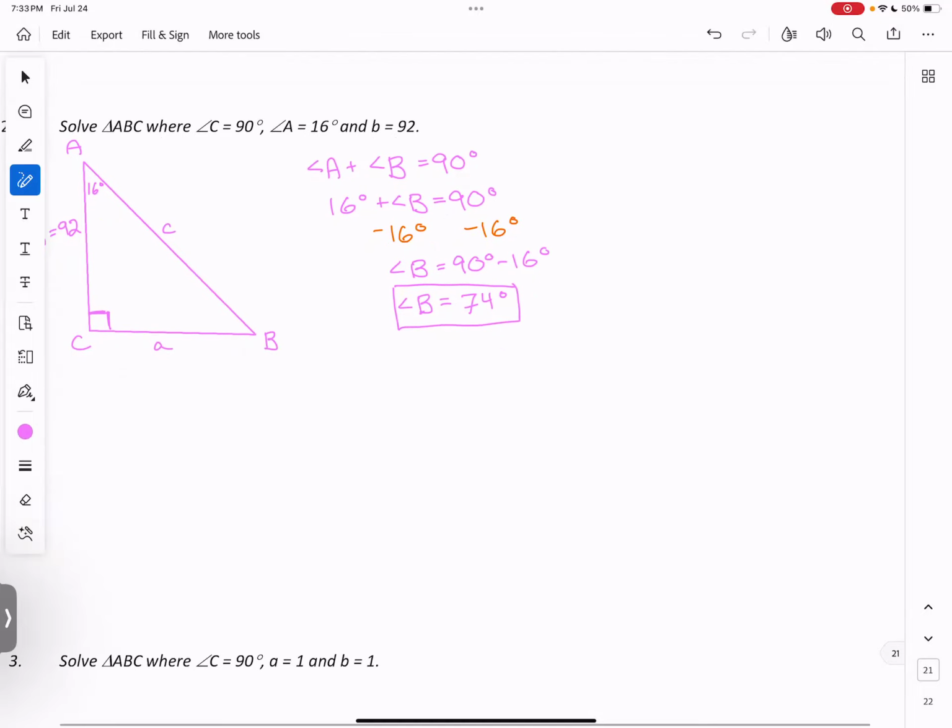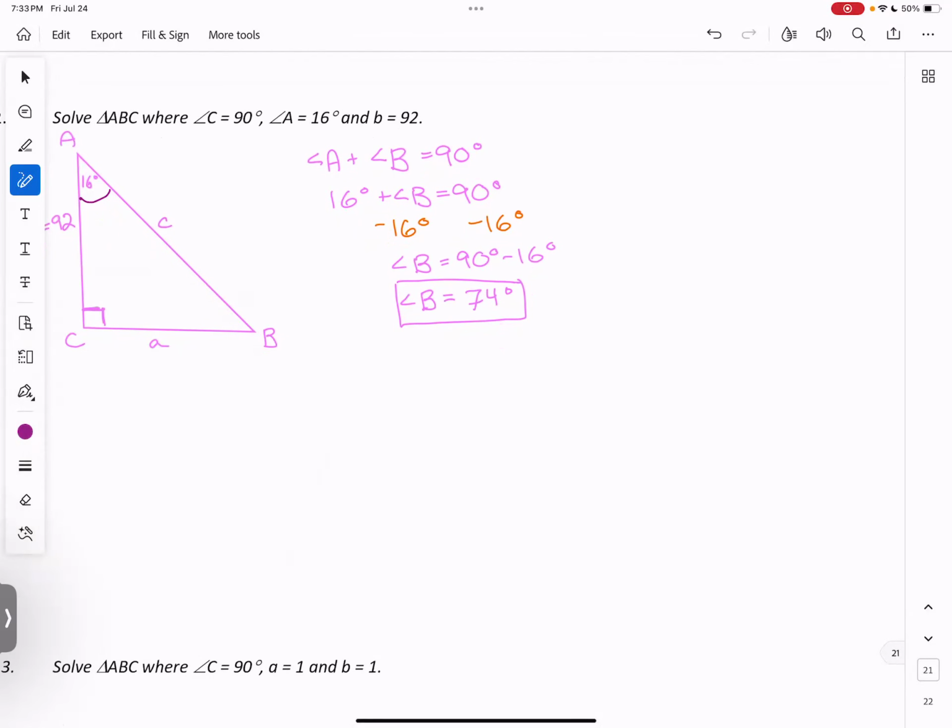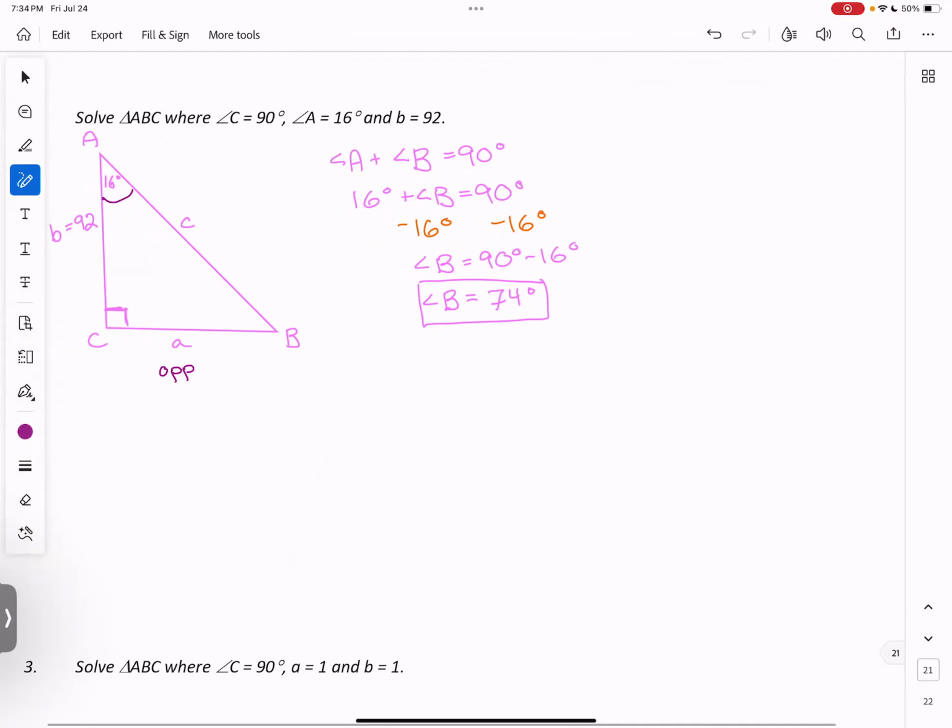Okay, let's move on to our side lengths now. So we need little a. Let's think of this triangle relative to our known angle 16. So little a would be my opposite side, and little b is the adjacent. So let's use the tan ratio. So we know tan of any angle is opposite over adjacent.